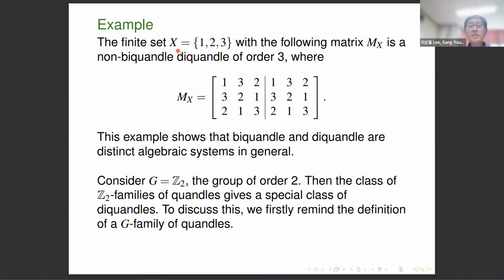And the finite set X = {1, 2, 3} with this matrix is a non-biquandle diquandle of order 3. So these examples show that biquandles and diquandles are distinct algebraic structures.